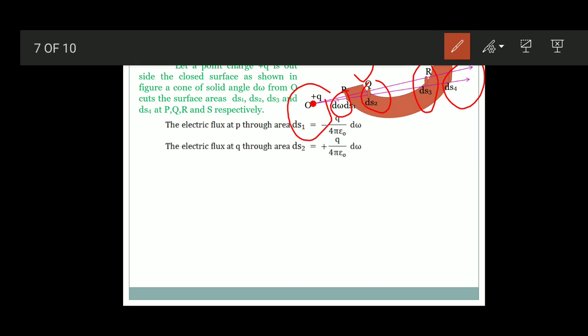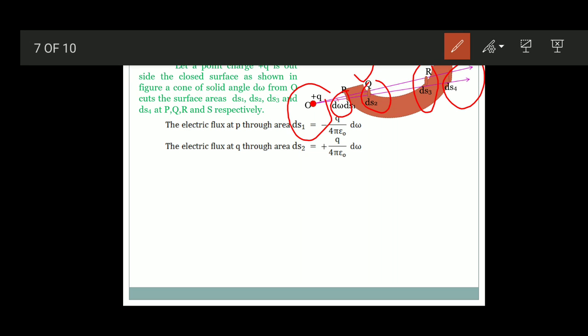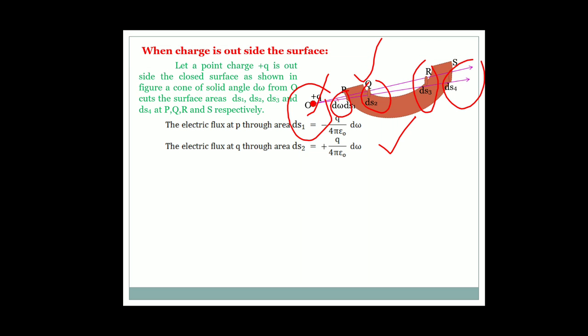That is equal to plus q by 4 pi epsilon naught into d omega, because at ds1 the line of force is entering into the closed surface, which is taken as minus. Now at ds2 the line of force is leaving the closed surface, so it is taken as plus. What about R? There is also a line of force entering into the closed surface, so again it is minus.